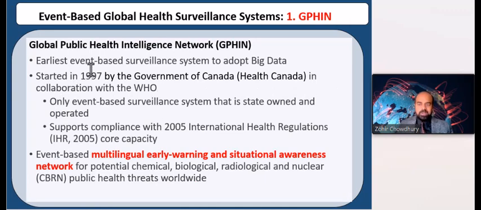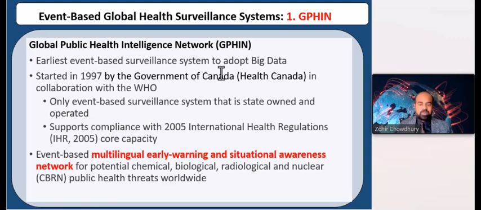So one of the earliest systems to harness some of these resources is the Global Public Health Intelligence Network, or GPHIN. GPHIN has shown that extensive monitoring and analysis of news media around the world can effectively aid in early detection of emerging disease threats.